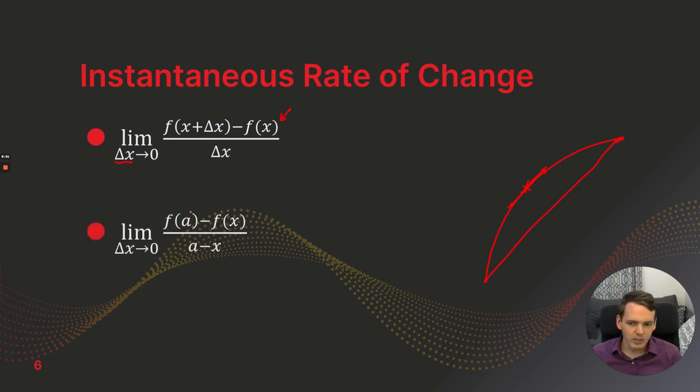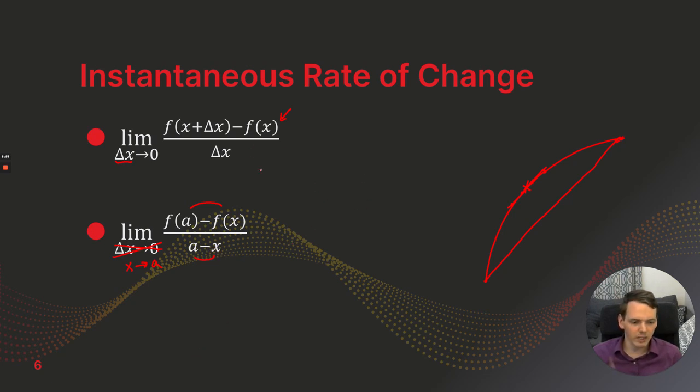The other way you can express that, more directly, is just the limit of f of a minus f of x over a minus x, where this is a mistake. This should be as x approaches a. Because then you're seeing that you have a tiny change in the f of x divided by a tiny change in the x direction.